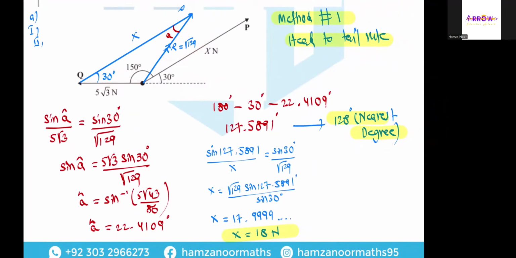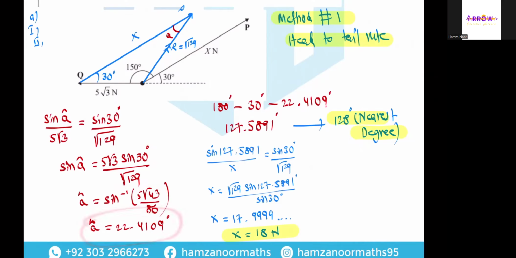First I'm going to find this angle A. So sine A will be equal to 5 root 3 sine 30 divided by under root of 129. Therefore, angle A is equal to sine inverse of 5 root 43 over 86. I put this in the calculator and got this value, 5 root 43 divided by 86. So here I found angle A to a higher degree of accuracy.